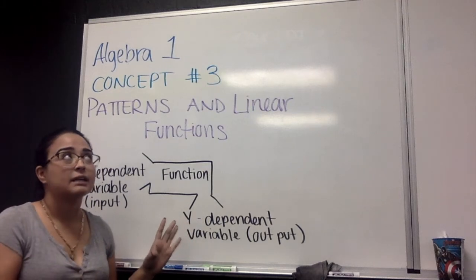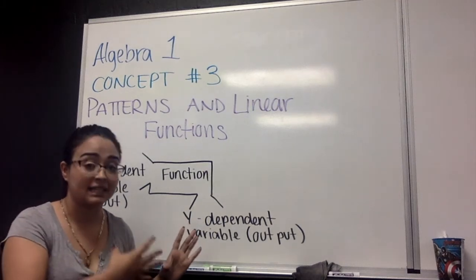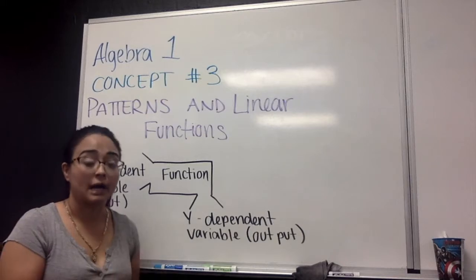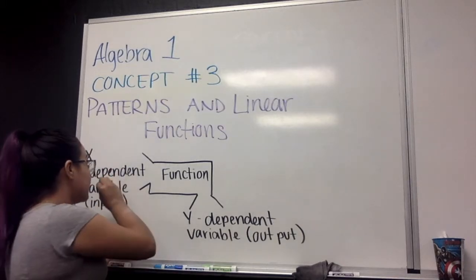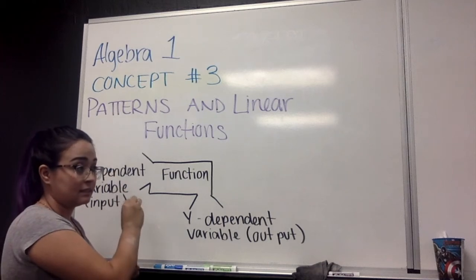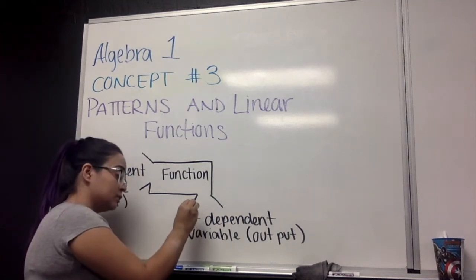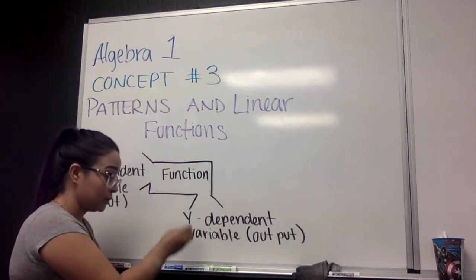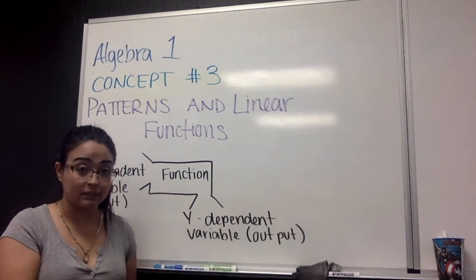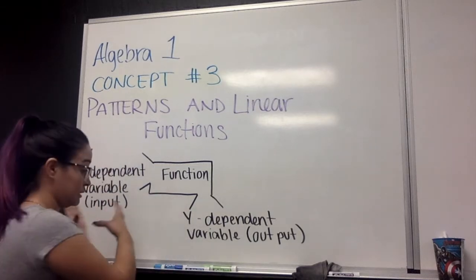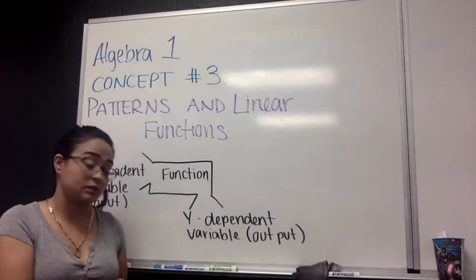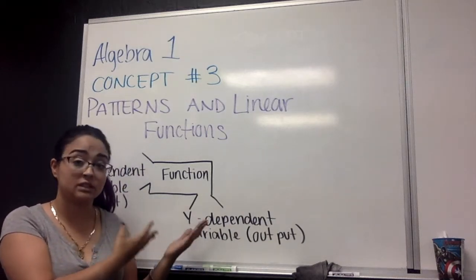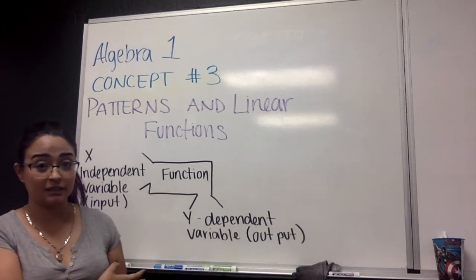Depending on what x is, that will be our output of our function. It doesn't matter what x is, when it goes into the function, our output, y, will depend on x. Whatever x was will give us our result of y, which is our output. Okay?